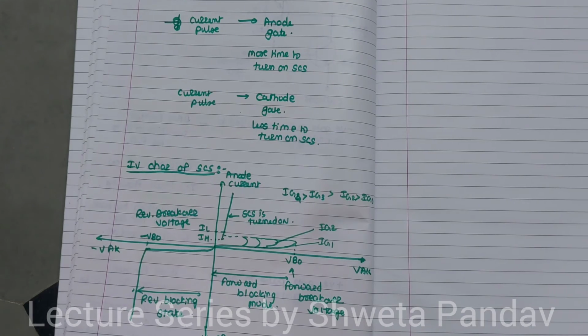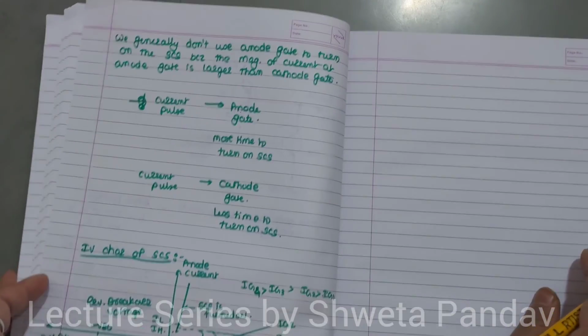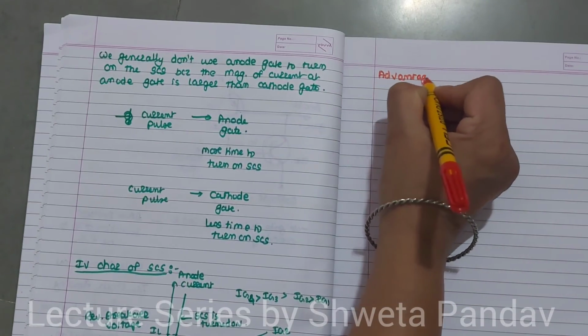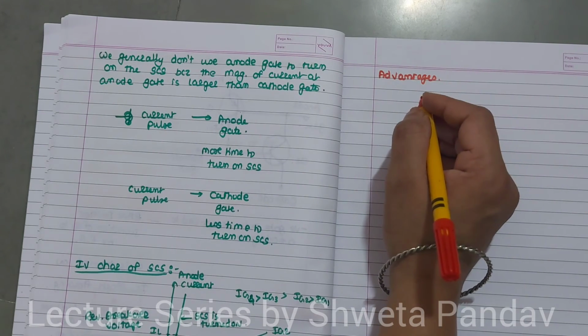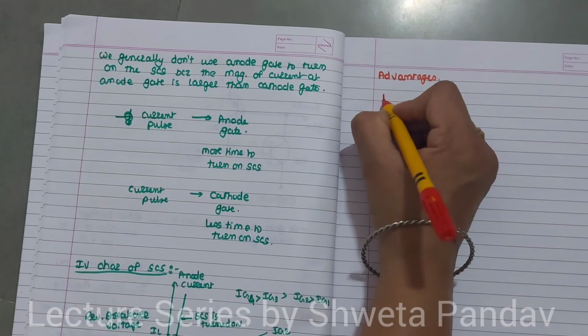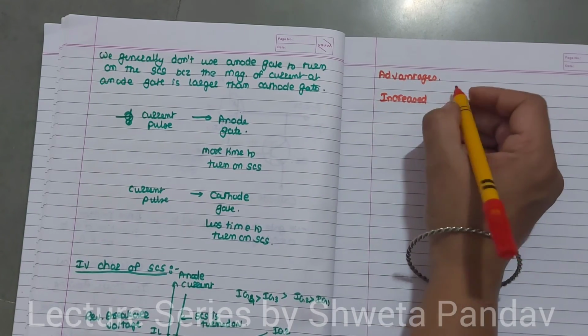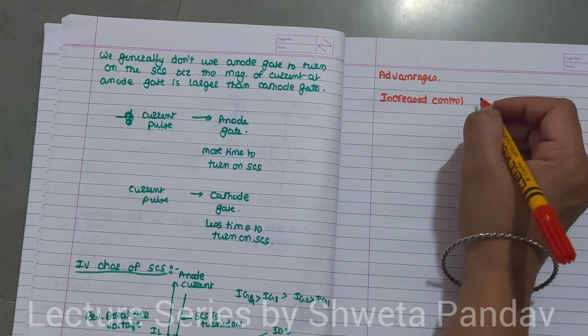Now let us see the advantages of the SCS. The first one: as we are using two gates here, we have increased control over turning on and turning off of the SCS.